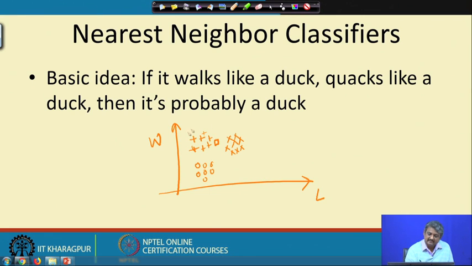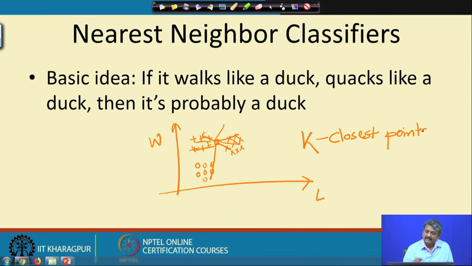I sort the training points in order of how far they are from this new point. Some will be close, some will be far. And I take among these training points the top k closest points, which have the shortest distance to this new point.